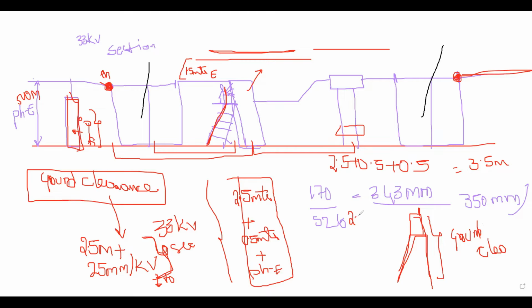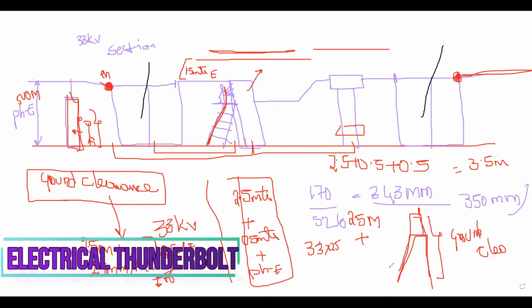2.5 meters, again, is the height of a person stretching his hands or tools towards the sky, plus 25 mm per kV. Suppose it is 33 kV: 33 into 25 is 825, divided by 1000, that is 0.825.